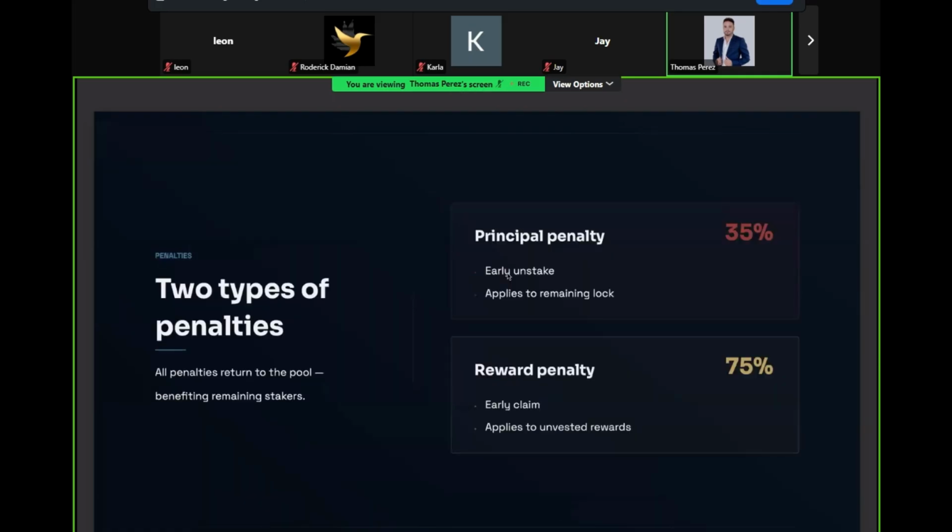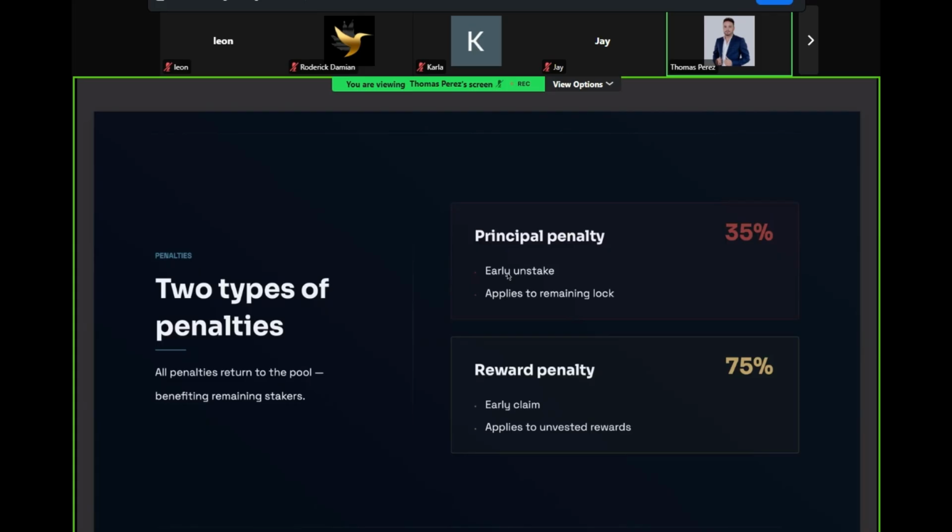Penalties, we already talked about it, but there are two types of penalties. One for exiting your stake early, and the other one for claiming rewards early. Both are designed to discourage short-term behavior.